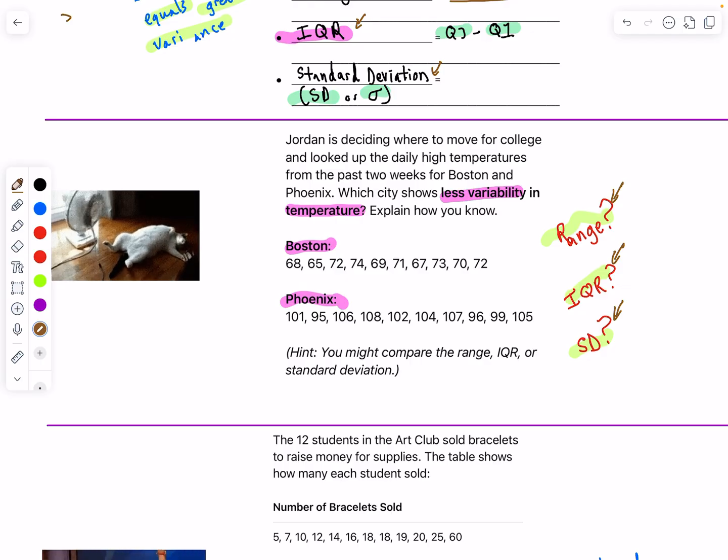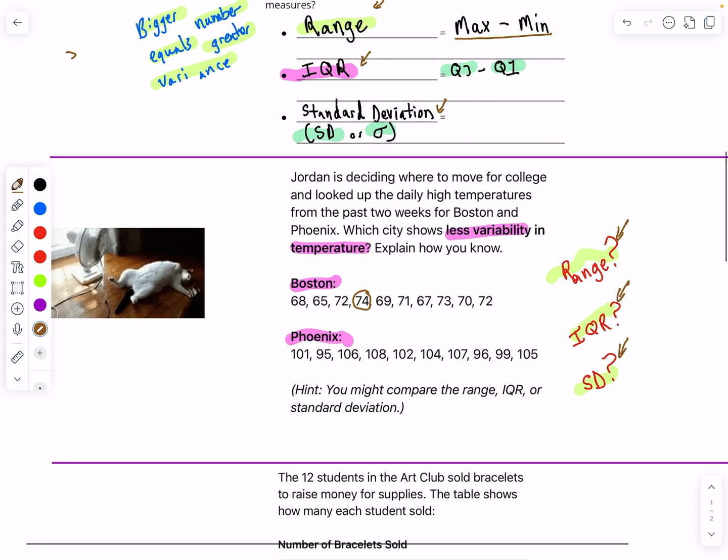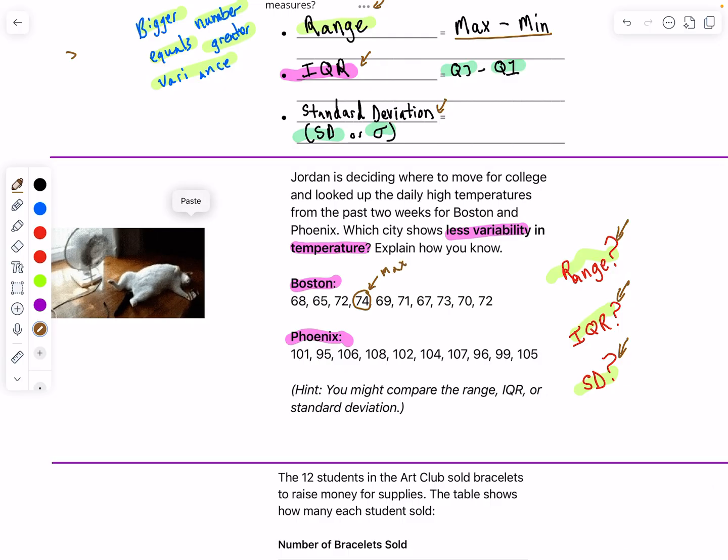So if we're looking at Boston's biggest number, the highest temperature for Boston is 74. So that's our max. And then the smallest number for Boston is, where is it? 65. That's our min for Boston.